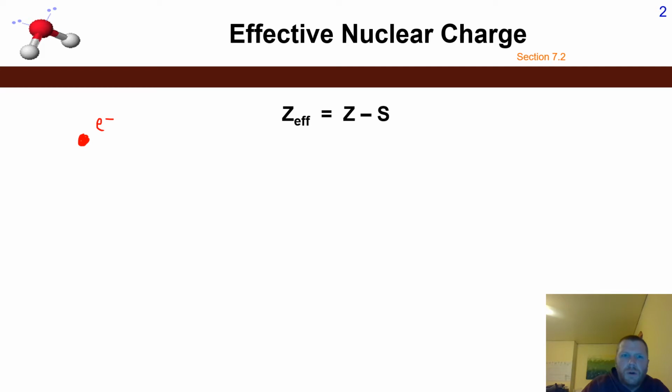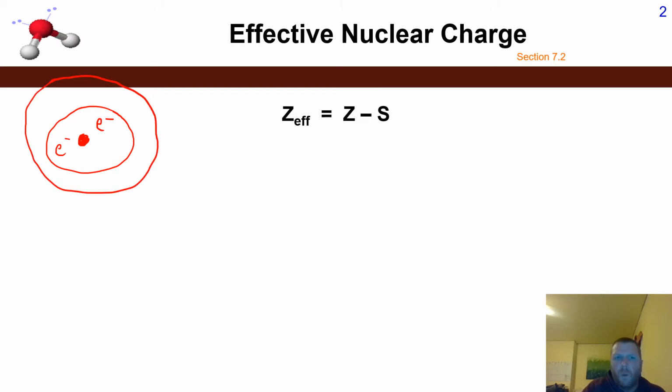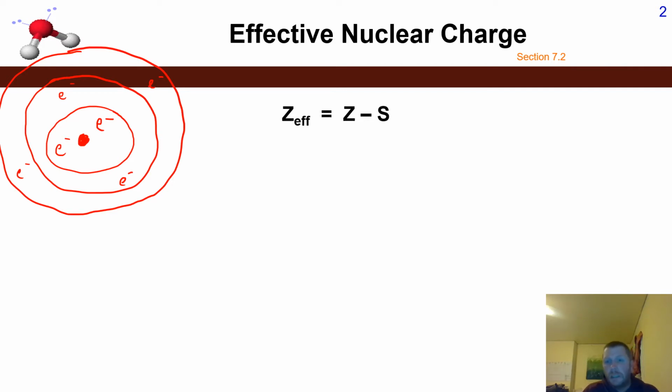Well, the first two are going to be right here, the next two, and these first two are going to have the sense and basically the pull of all of the protons that are in that nucleus. Okay, now the next orbital, we've got 2 more electrons. And then when we go beyond there to place our 5th and our 6th electrons, all of those electrons are going to be attracted to the nucleus because the nucleus has your neutrons and your protons.